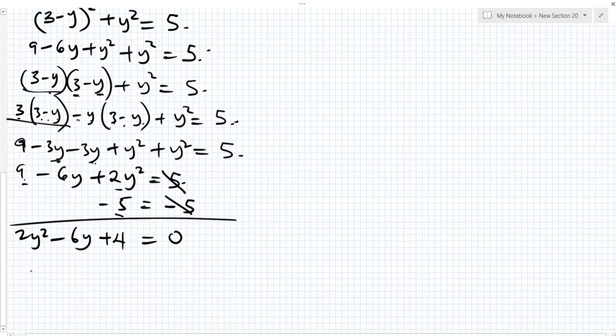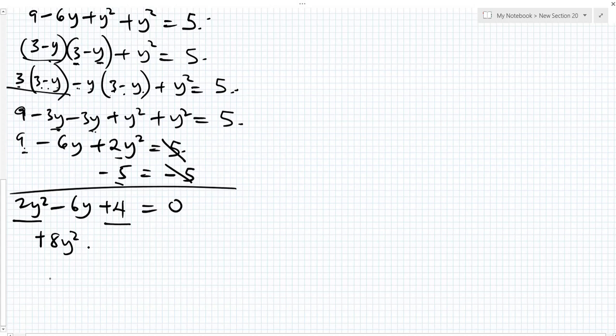Now the next thing we're going to do is we multiply this first term with this last term. So what we're going to get, 2y squared times plus 4 will give you plus 8y squared. So what are the factors of 8y squared that when you sum them together will give you minus 6y? So now let's start with minus y and minus 8y. This will give you minus 9y.